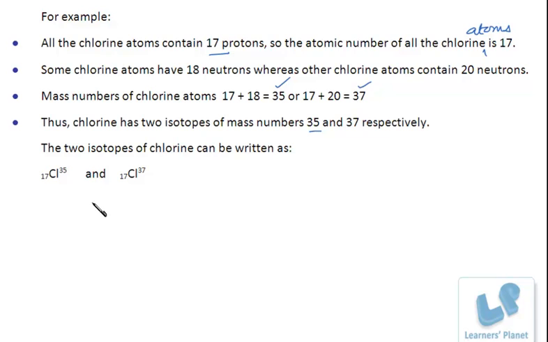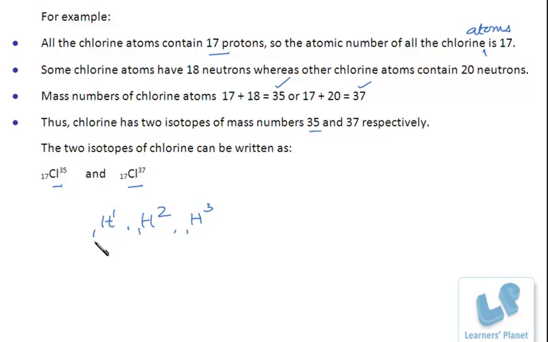If I am taking chlorine gas in a tube, it will be a mixture of Cl-35 and Cl-37. So there are many elements, students, like hydrogen, which exist as a mixture of different isotopes. Hydrogen, the protium, has one proton and one electron.